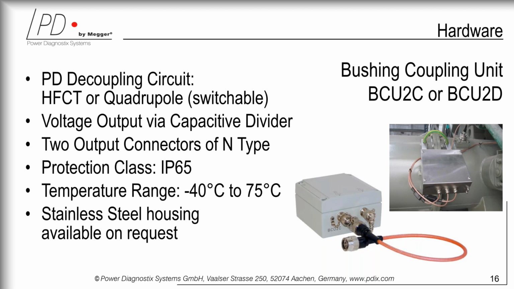The entire housing is stainless steel and it's also aluminum. Based on whoever chooses to install them, they have different preferences. The typical cases that we sell, and I've seen on many transformers, are actually the aluminum housing.